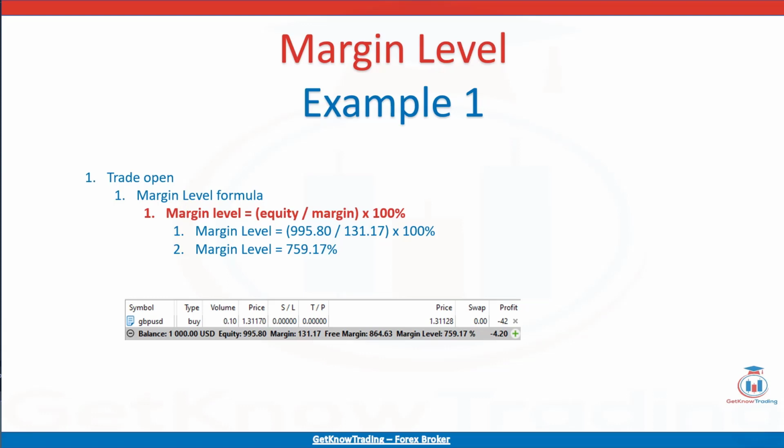Here are a few examples. In the first example, I have one order open, where the equity is 995.80 and the margin is 131.17. When the calculation is done, I get margin level equal to 759.17%.